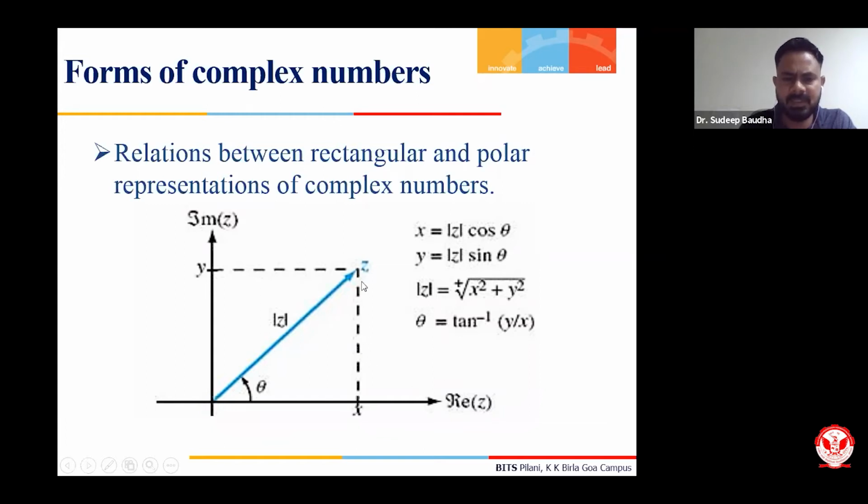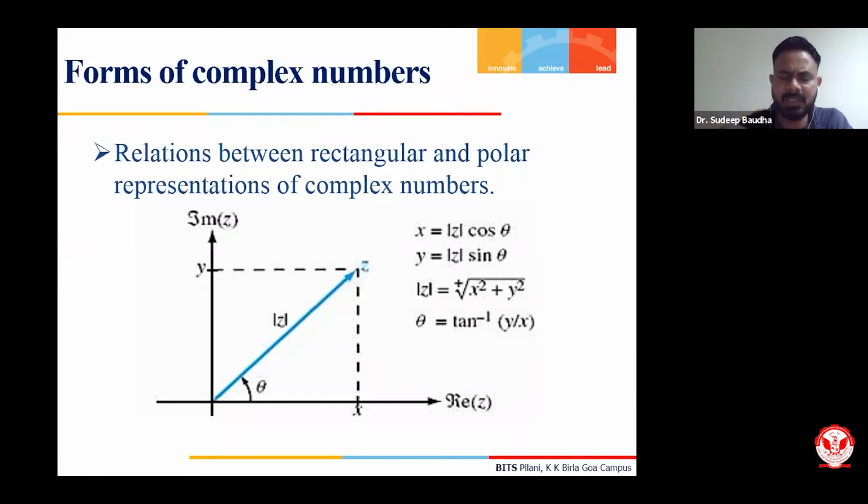The projection of Z over x gives x equal to mod of Z times cos theta, because the projection is in the horizontal direction. And y, the projection of Z in the y direction, is mod of Z sin theta.